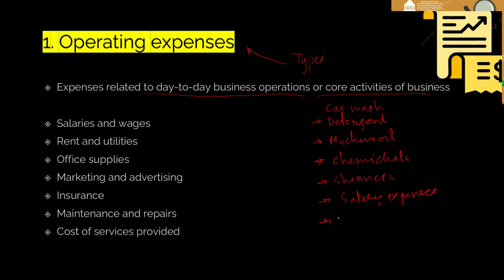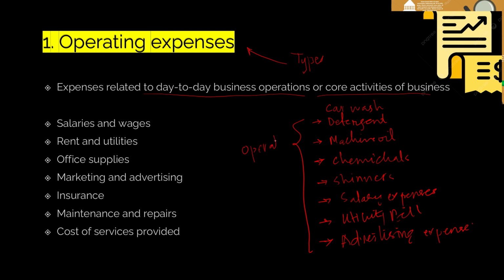For running the machine, they need to pay the utility bill, and also to attract the customers, they do some advertising of their company. These all are treated as operating expenses because these all are going to directly impact your business, which is named as a car wash.